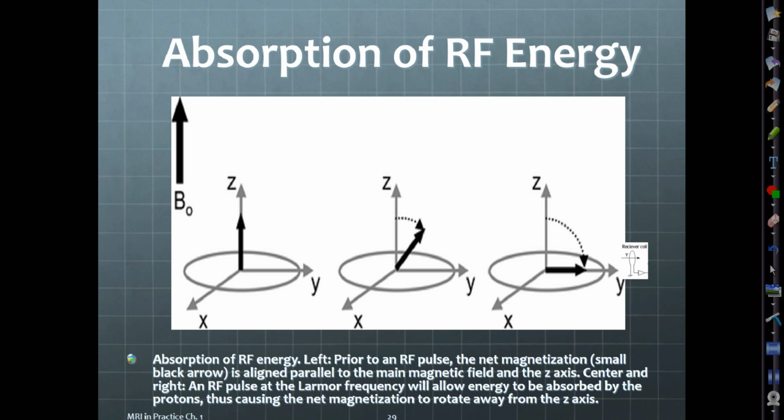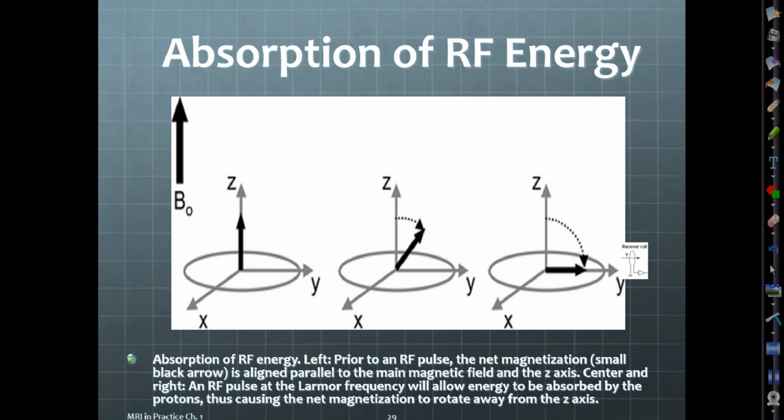But due to Faraday's law of induction, if we have a rotating magnetic field around a stationary coil, you're going to create an electromotive force in that coil, a voltage. A current will start to flow, those electrons will start to flow in that coil. And that coil is connected to our system, our computer. So all that signal will be sent to our computer, and ultimately that's how our images are created.